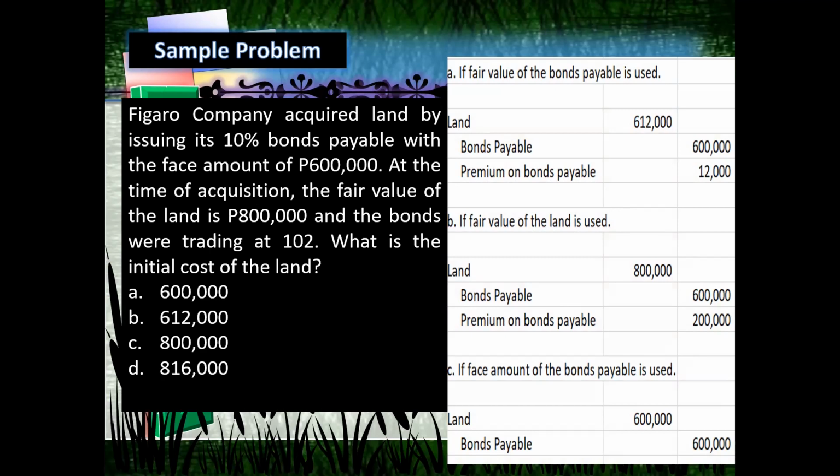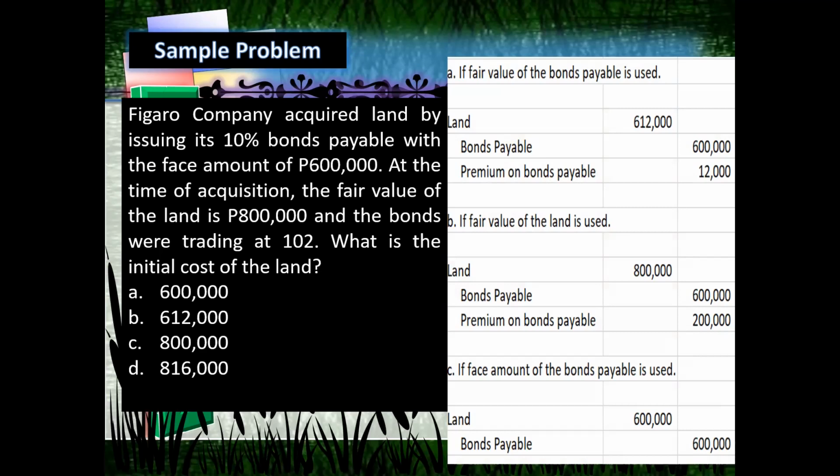So, if you multiply 600,000 by 102%, you will get 612,000. So, that's why we are going to debit our land at 612,000, kasi yan yung fair value of the bonds. And then, i-credit natin ang bonds payable at face amount and then credit premium on bonds payable at 12,000.